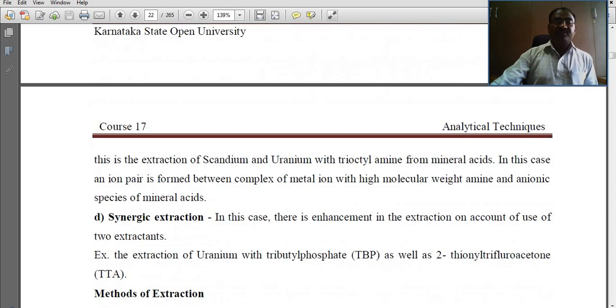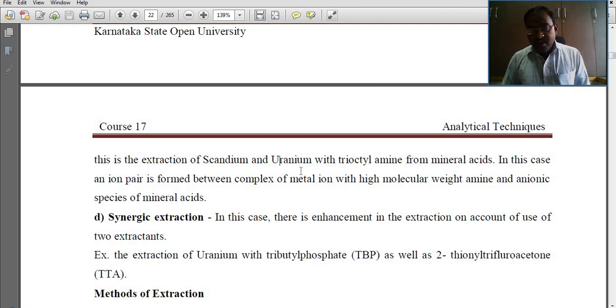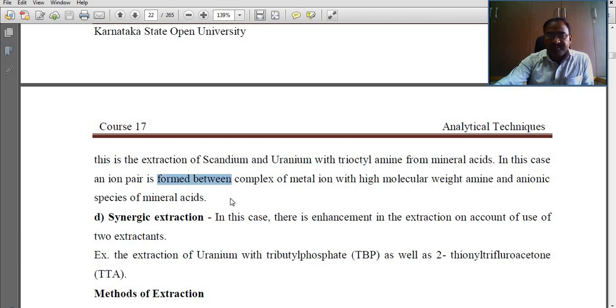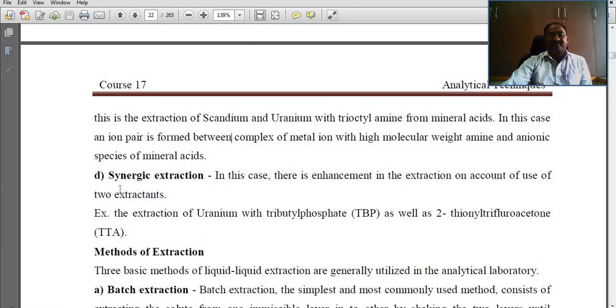The best example of this is the extraction of scandium and uranium with trialkylamine from mineral acids. In this case, the ion pair is formed between the complex of metal ion with high molecular weight amine and the anionic species of mineral acid.